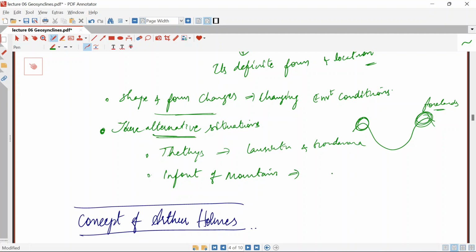We can also see in front of the Himalayas there is a formation of geosynclines. So these are the two best examples for the alternative situations of a geosyncline.